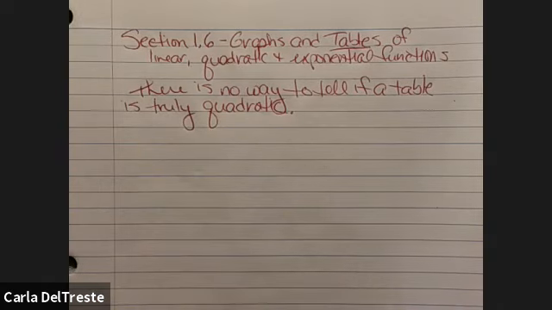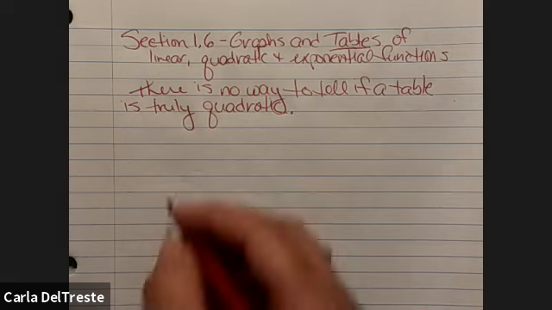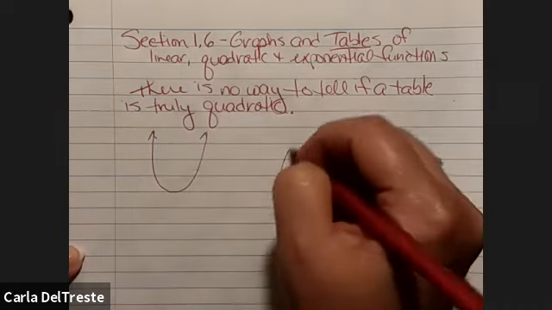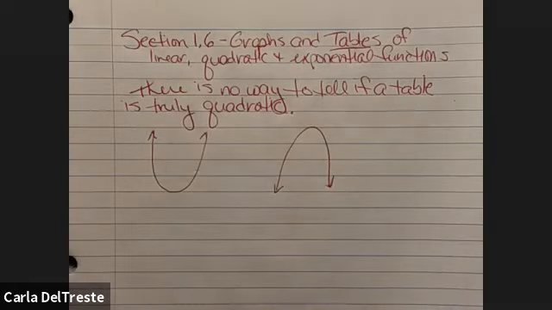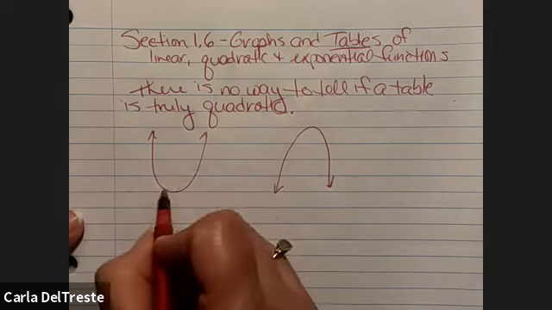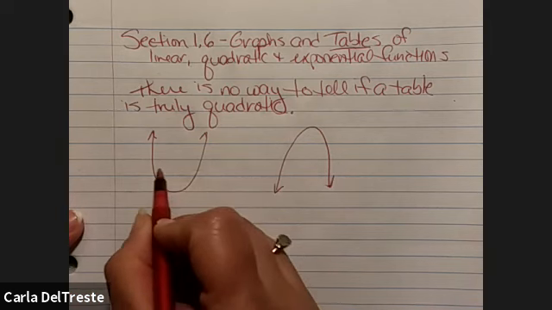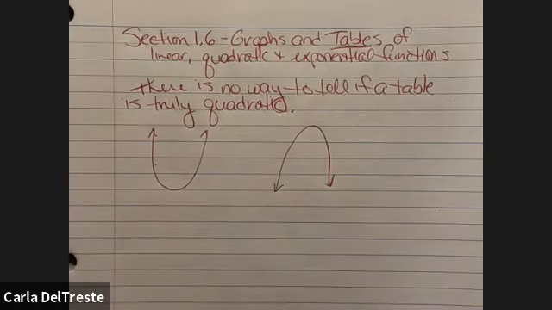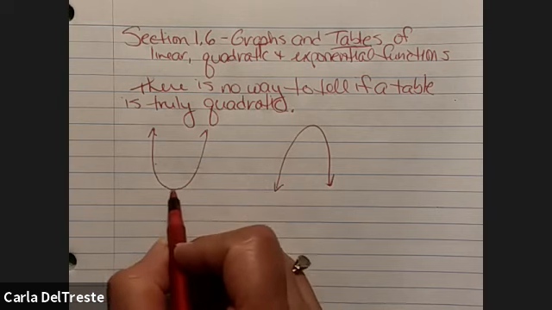You can estimate if it is because you'll see symmetry in the outputs, because we know that a quadratic has to look like this as a picture or look like this. So there has to be some sort of symmetry in the outputs, but there is no way to completely verify the symmetry if you don't specifically see it obvious.